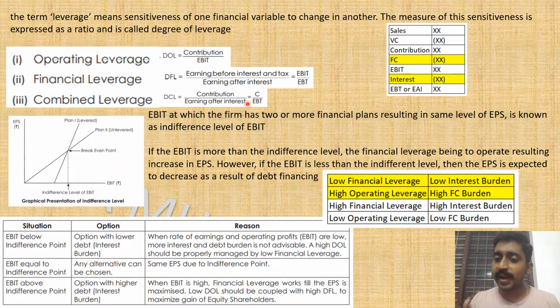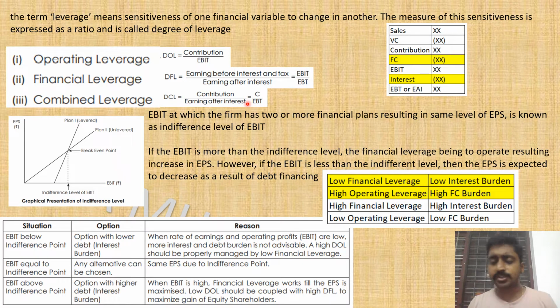So the degree of combined leverage is the product of the degree of operating leverage and the degree of financial leverage. And this is about leverage. For all these leverages there is one more, alternate formula, which we will see in the upcoming example problems, so please watch the video.